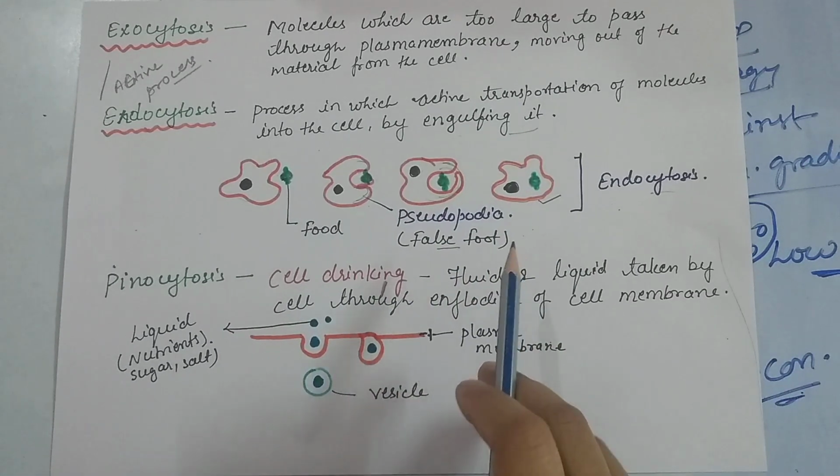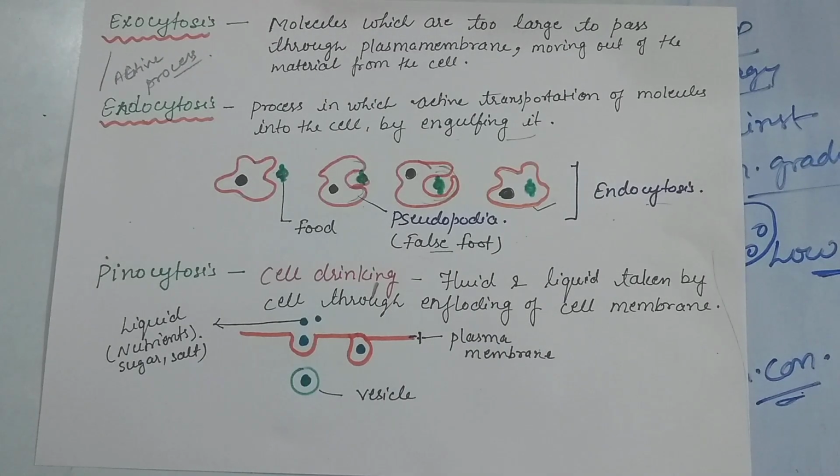In the same way, cells also do this. Molecules of a substance that are too large to pass through the plasma membrane are engulfed by the process of endocytosis. Our next and last one is pinocytosis. It is also called cell drinking.